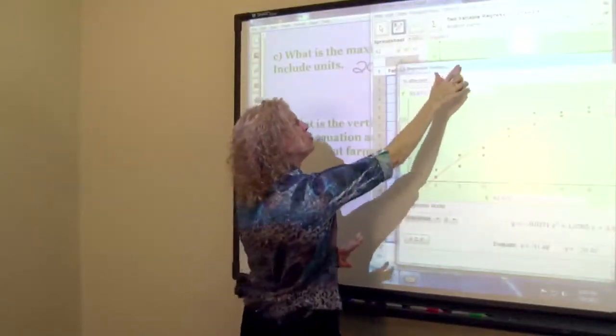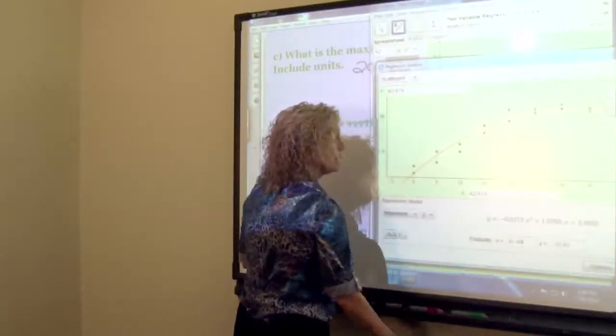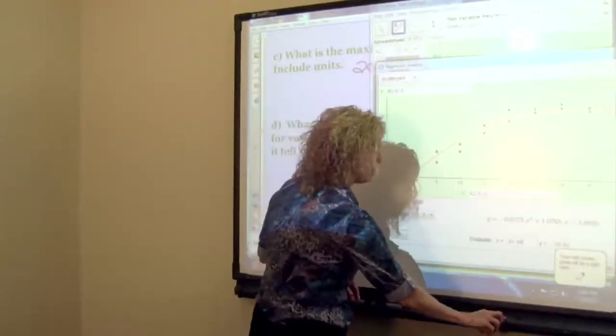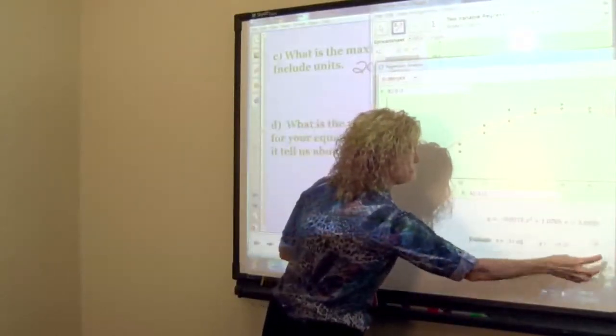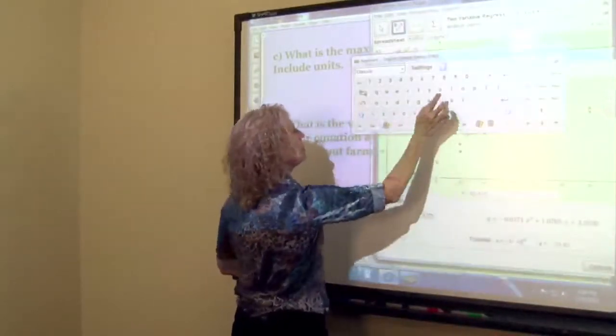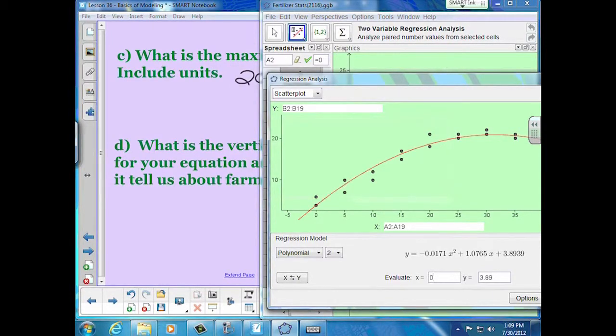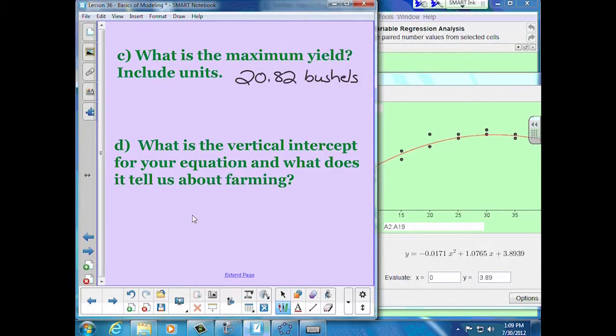But remember, your vertical intercept or your y-intercept happens when x is 0, and so what I want to do is I want to put a 0 in there for x. And some of you say, look, I know what that value is going to be. Good. If I put 0 in for x here and here, those get wiped out, and I get 3.89. So the question is, what does that mean?